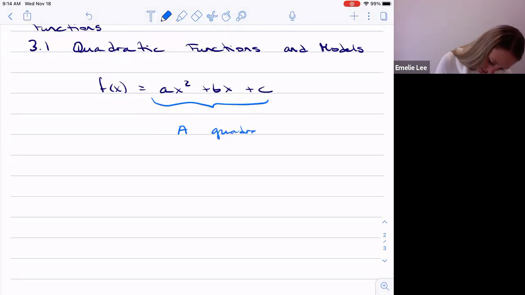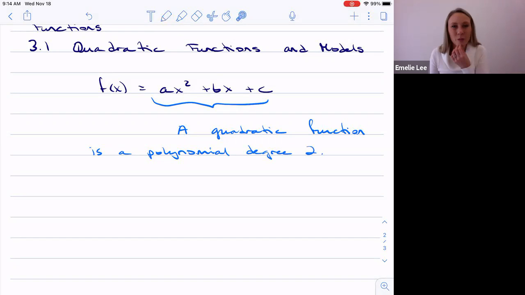So a quadratic function is a polynomial of degree 2. Okay.